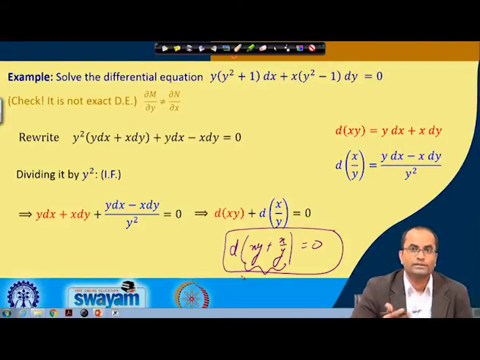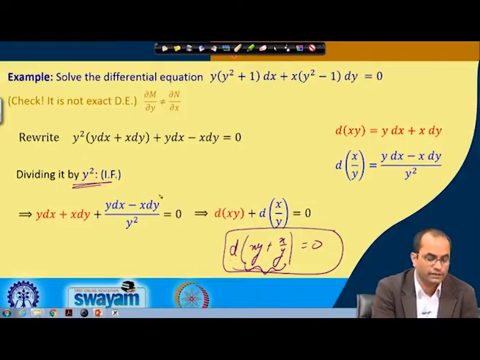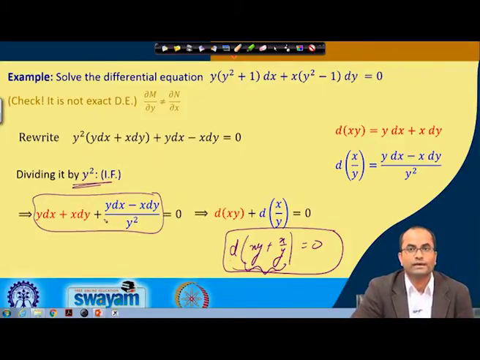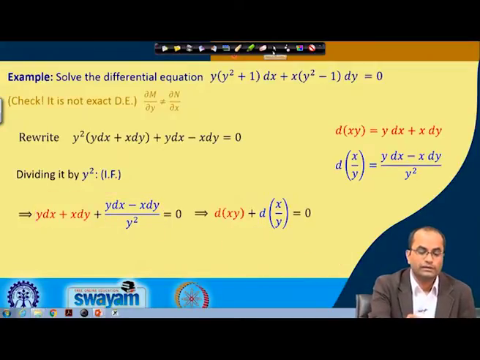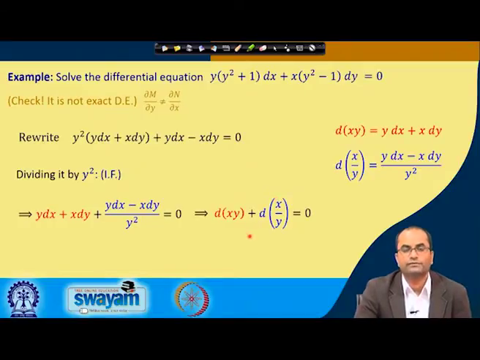Though the equation was not exact, by just dividing by y², the equation becomes exact, and its differential is the differential of xy + x/y. So, now we can write down the solution as well, because we have the function f directly. f equal to a constant is the solution.